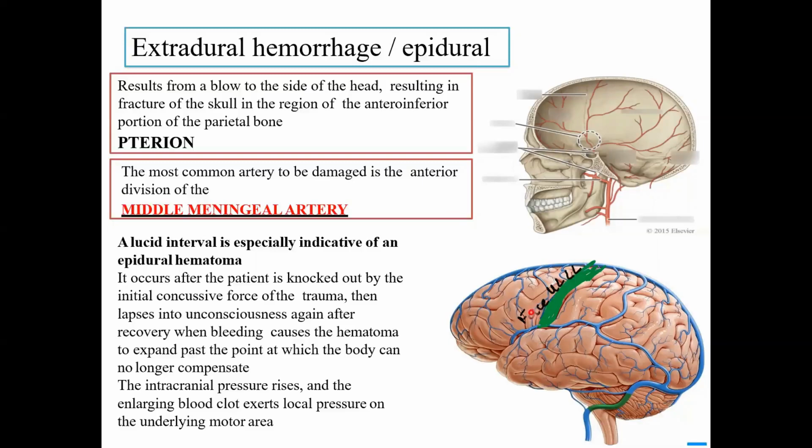So in the lucid interval, as the hematoma increases in size, it will compress these motor areas, and paralysis will first appear on the face, and then it will progress, and if it keeps on increasing in size, it may result in hemiplegias or paraplegias. So that is about the extradural hematoma.